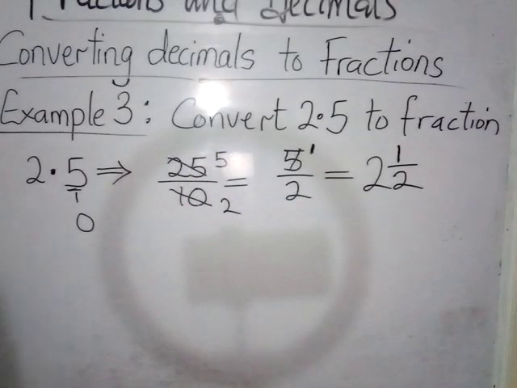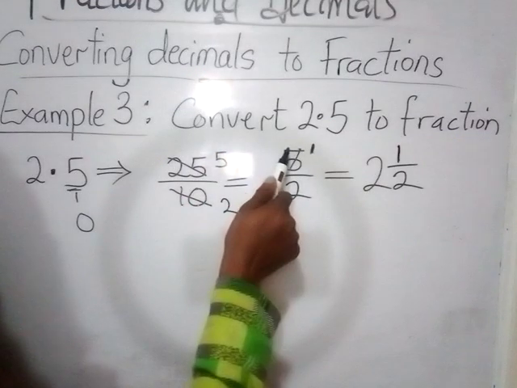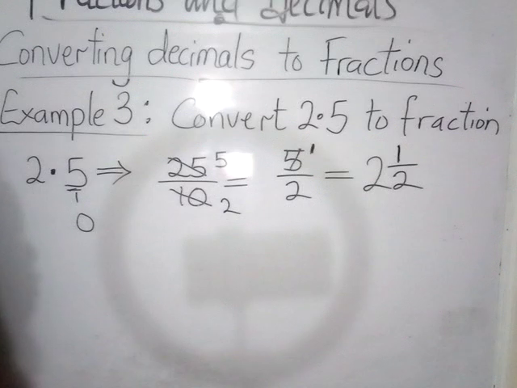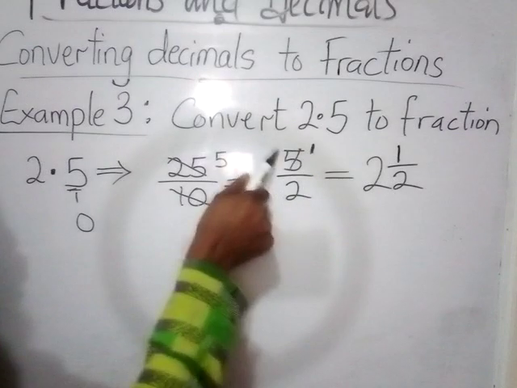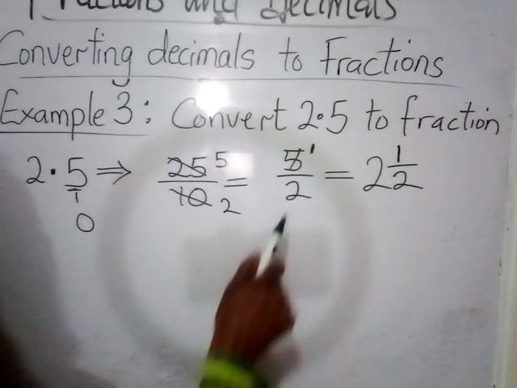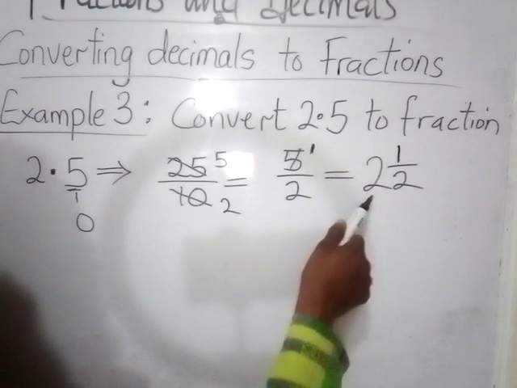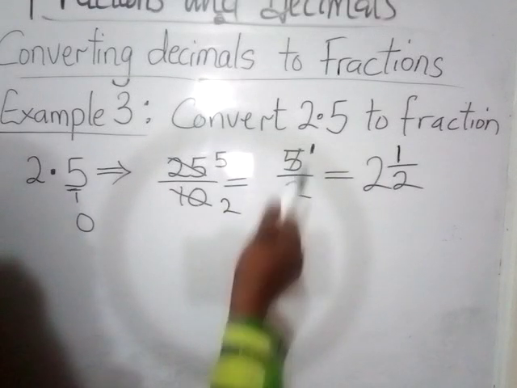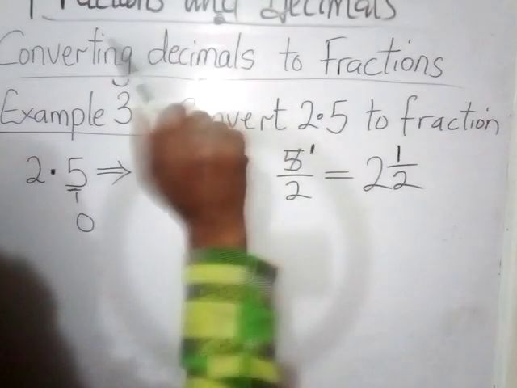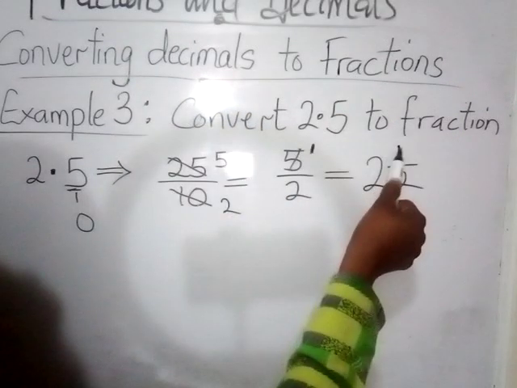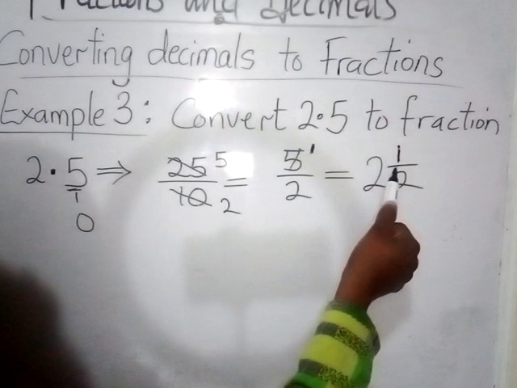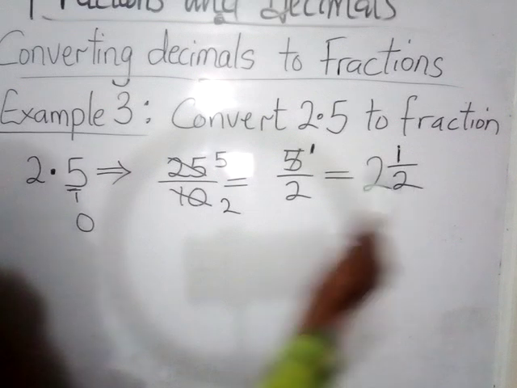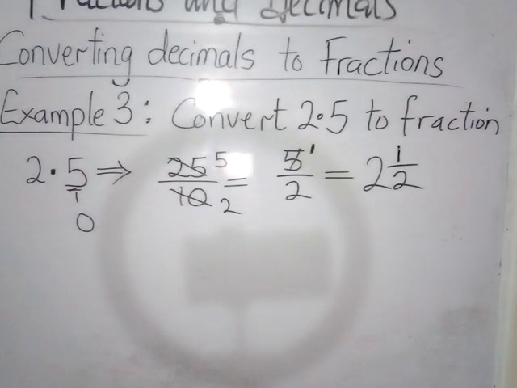So what do we do to stabilize this fraction? We divide the numerator by the denominator. So let's pull out the number of 2's we can from this 5. How many 2's can we get from 5? Is 2. And 2 times 2 is 4. And when you take away 4 from 5, you have 1 that is remaining. So that remainder now becomes the numerator, while the 2 remains as the denominator.